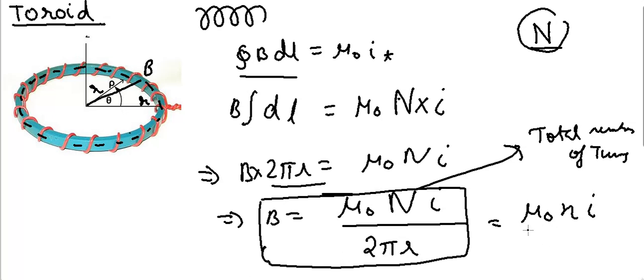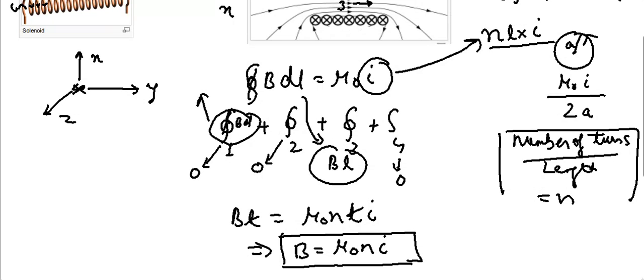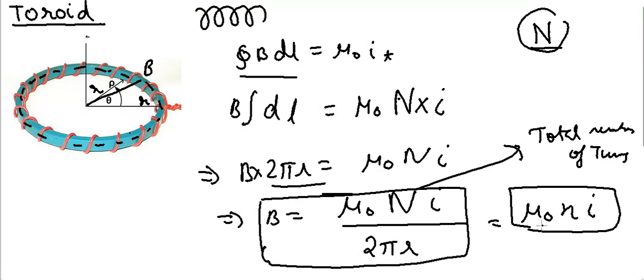So the final formula in terms of small n is the same for both solenoid and toroid, mu naught small n i. But because for lengths we generally deal with small n, and for a circle we know the total number of turns, we generally deal with capital N. This is the formula finally used in most physics textbooks.